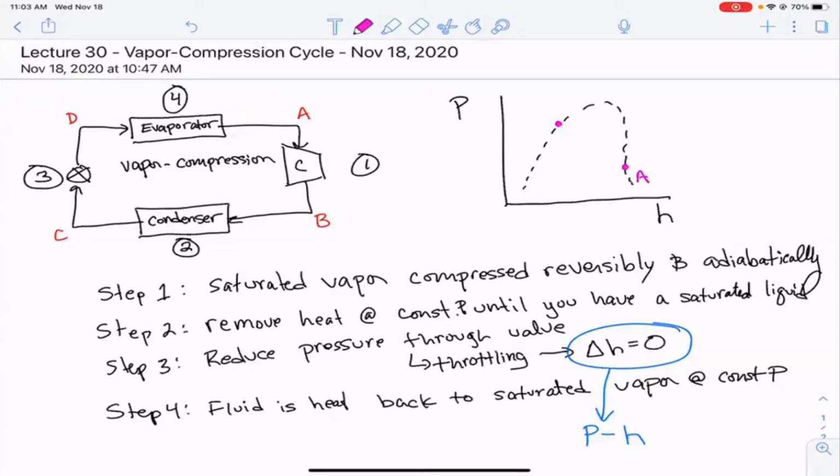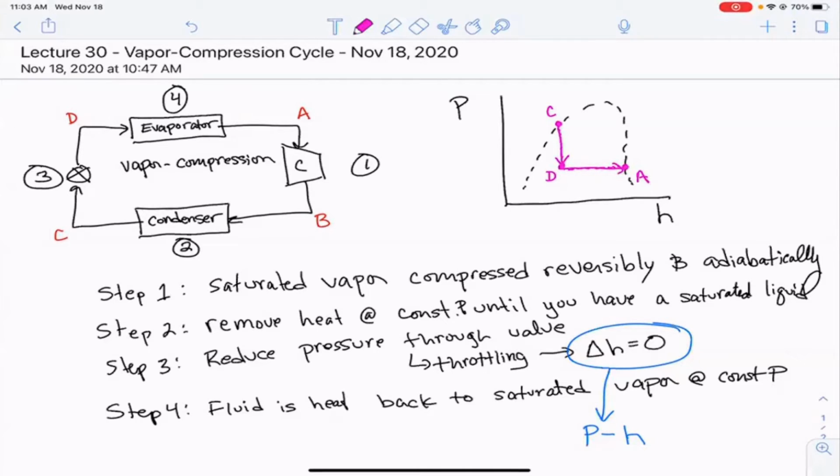Because step 3 is at constant enthalpy, we're going to have a vertical line where we drop the pressure through the valve, and so we're actually here. That's state D. So we're moving in this direction on the pH diagram.